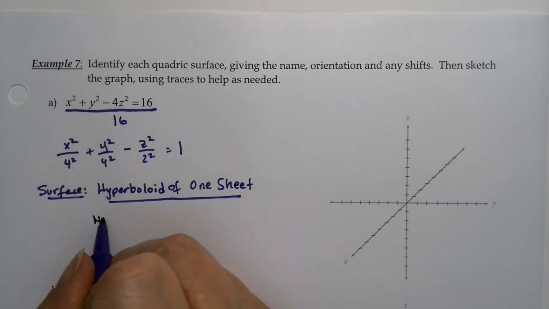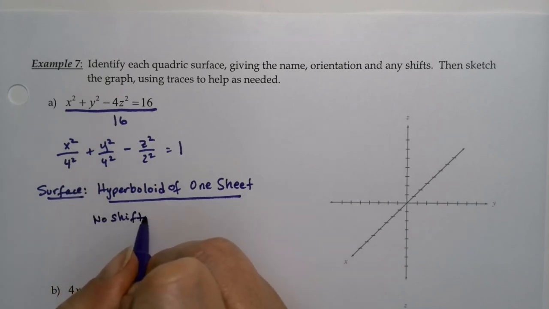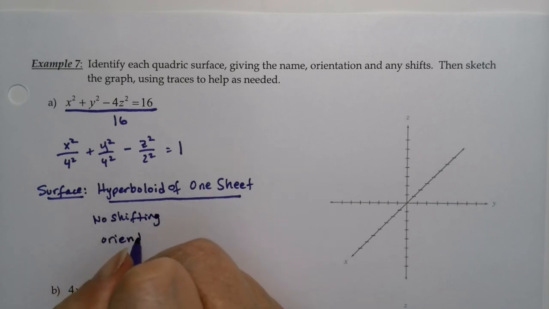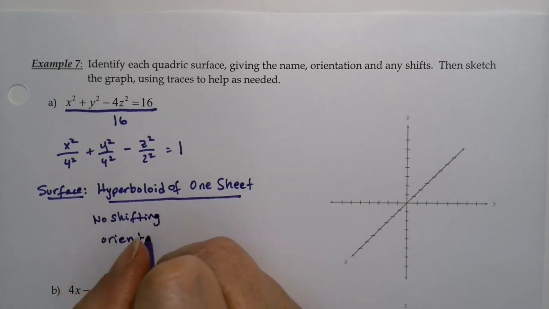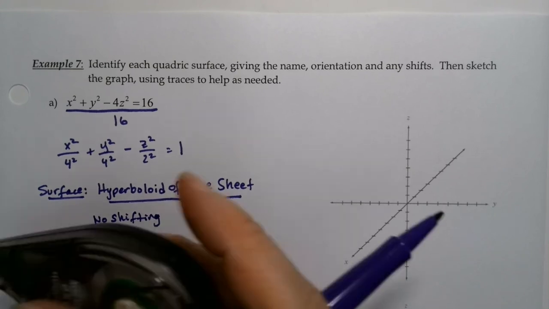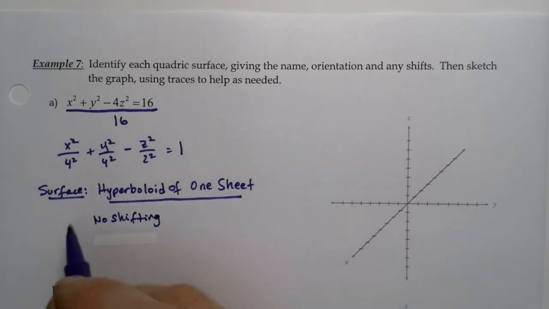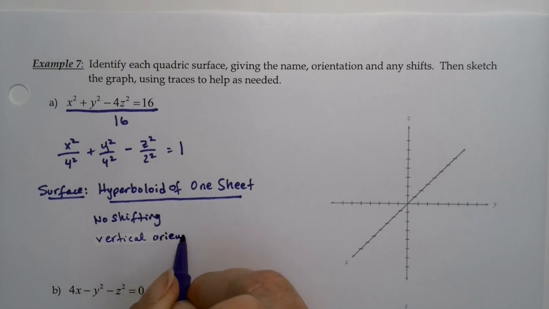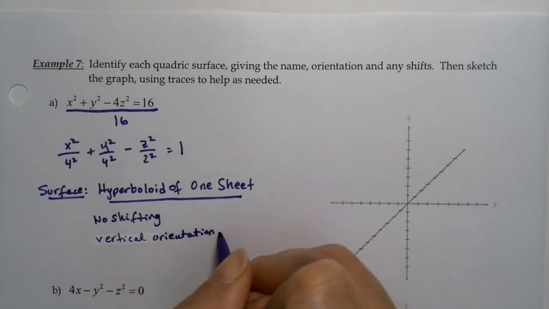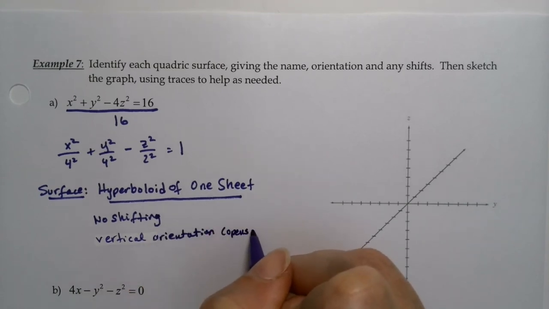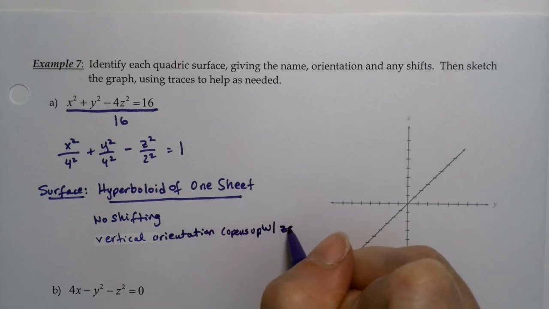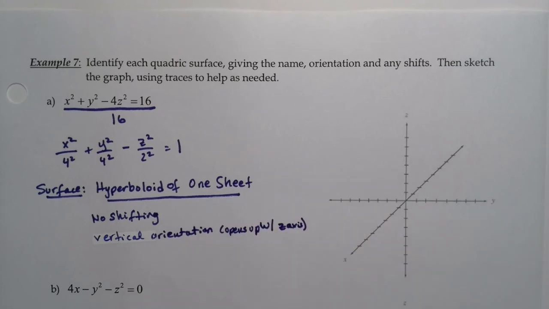So there was no shifting, and it's oriented in the vertical axis, so it has a vertical orientation. Which means it opens along the z-axis. Oh my goodness. I knew what I was going to say and I couldn't say it.